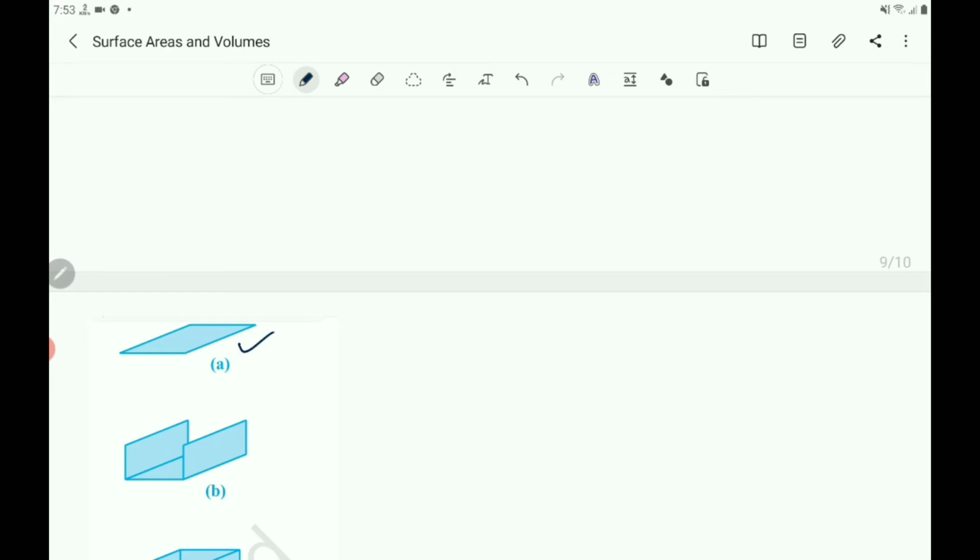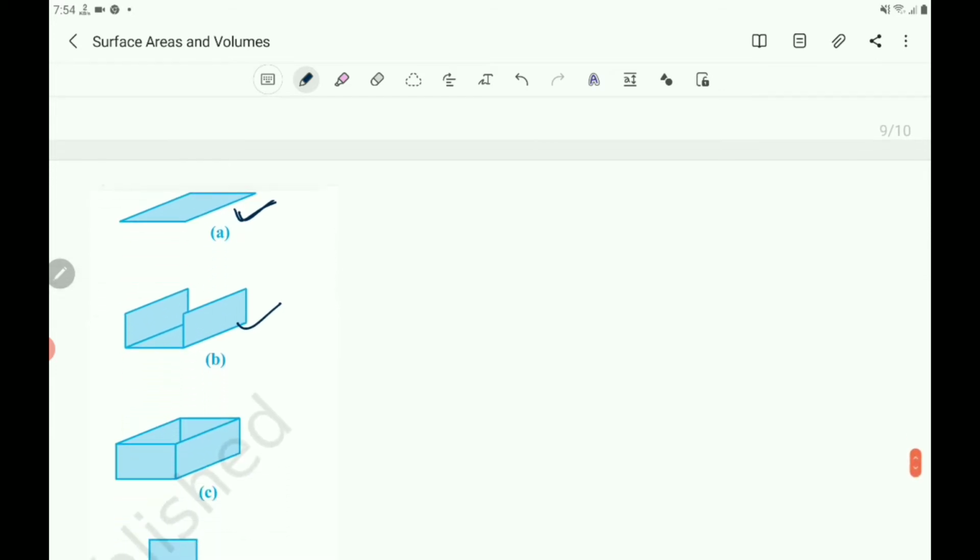If you want to cover that cuboid, take the first sheet to cover the bottom of the bundle and then take two long rectangular pieces to cover the two side ends, and cover the front portion.